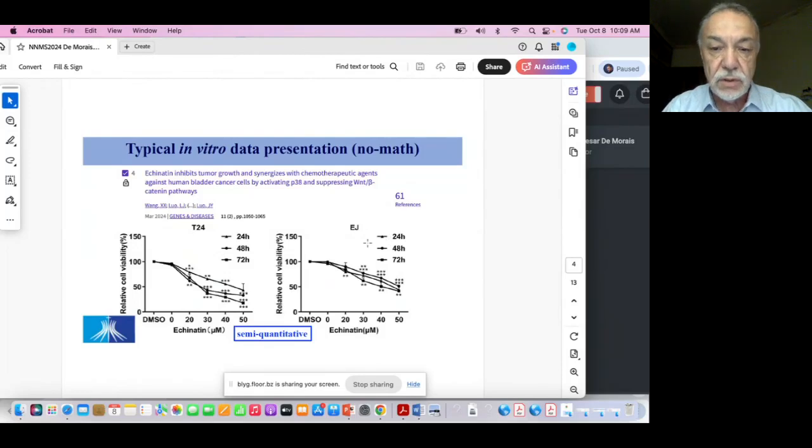And they incubated the cells at increasing concentrations of the chemotherapeutic agent, and the test was performed leaving the incubation for 24 hours, 48 hours, and 72 hours.